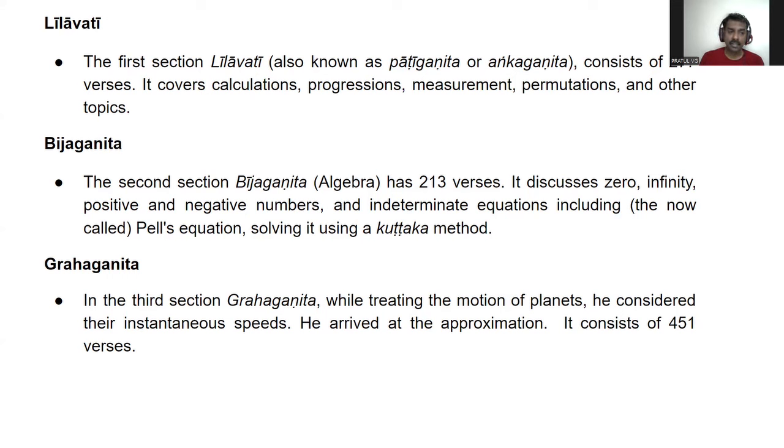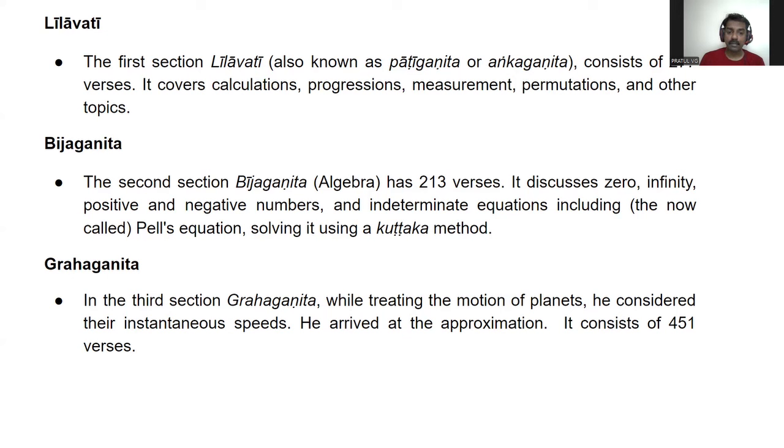The second section of Siddhanta Siromani was Bijaganita, which has 213 verses. It discusses zero, infinity, positive and negative numbers. It also discusses indeterminate equations, which are now called Pell's equation, and it is solved using the Kuttaka method.